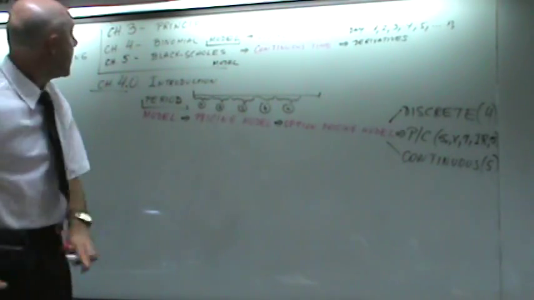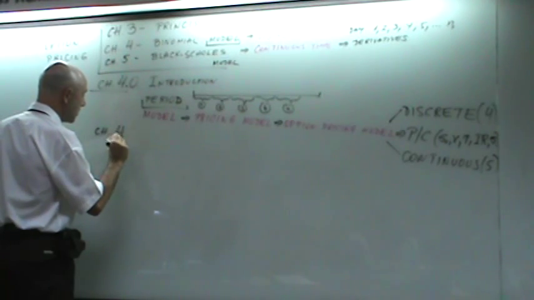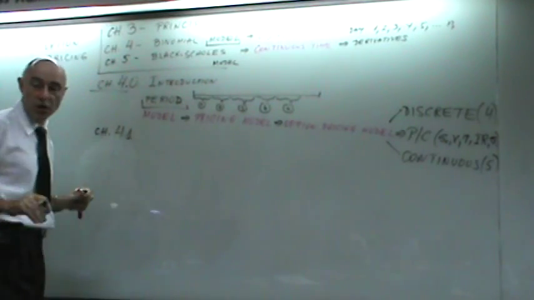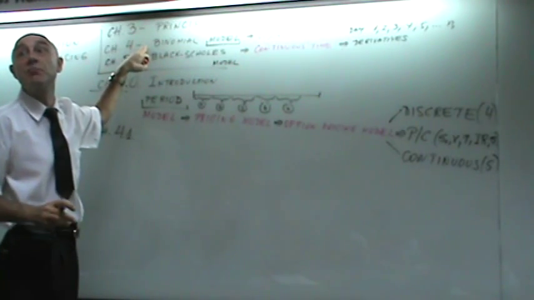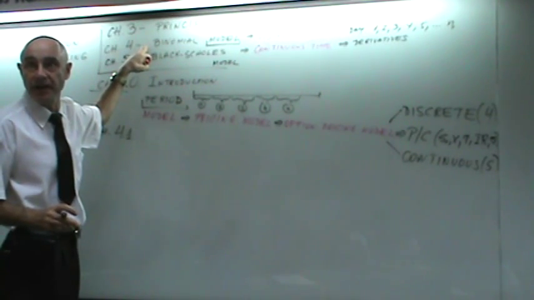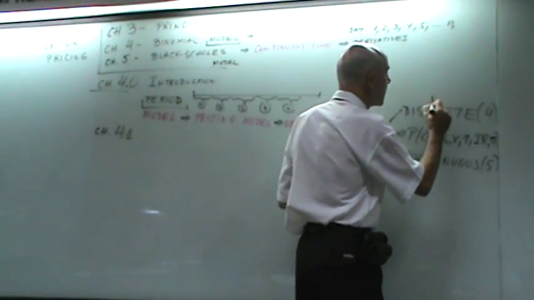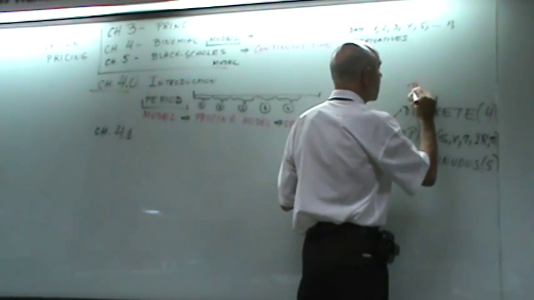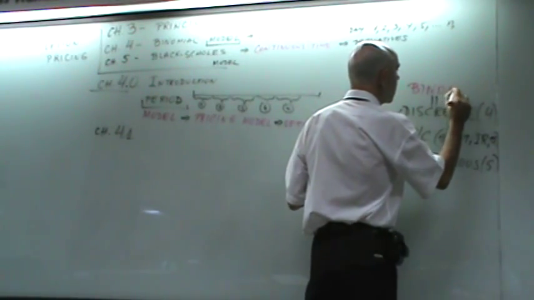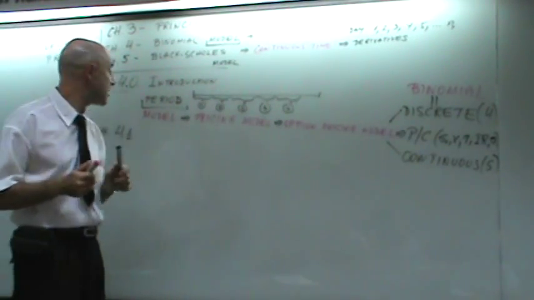Okay, and now we go to chapter 4.1. This whole chapter is the binomial model, okay? That's how we call it. The discrete is the same as binomial, which I'll explain in a minute.